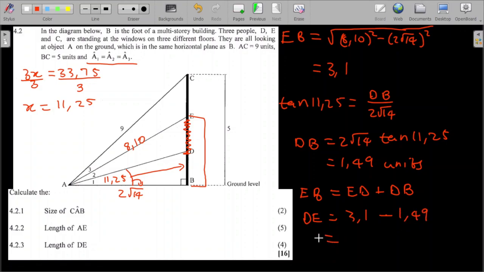So 3.1 minus 1.49, and my answer is going to be 1.61 unit, which is the answer of DE.